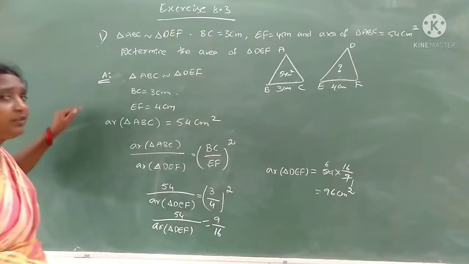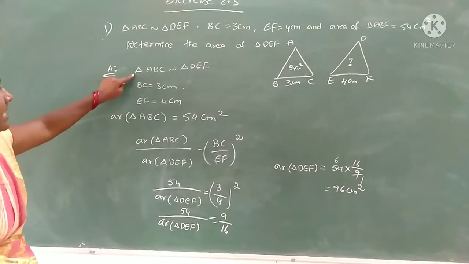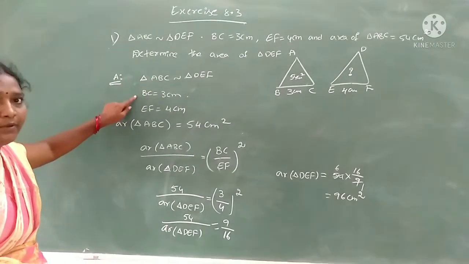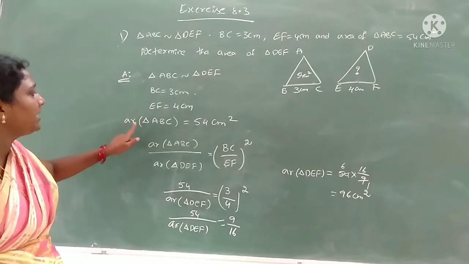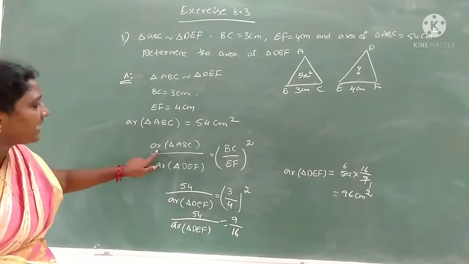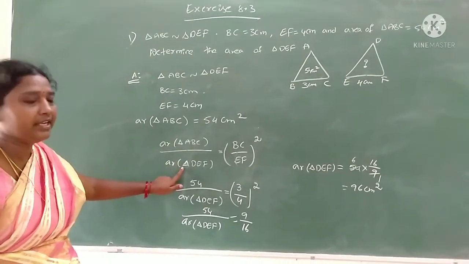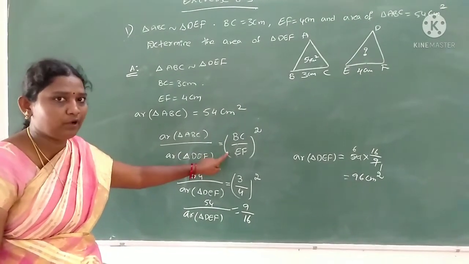First, once again we repeat the problem given. Triangle ABC is similar to triangle DEF. Next, write the BC value, EF value and area of triangle ABC value. We know that area of triangle ABC by area of triangle DEF equal to BC by EF whole square.